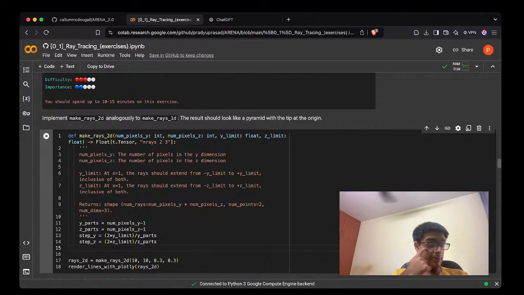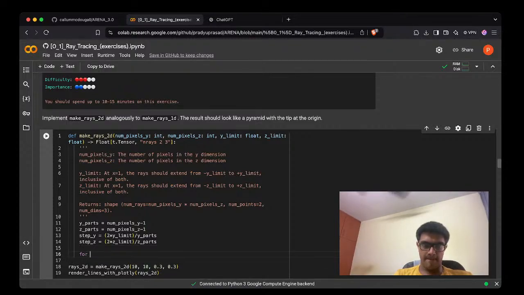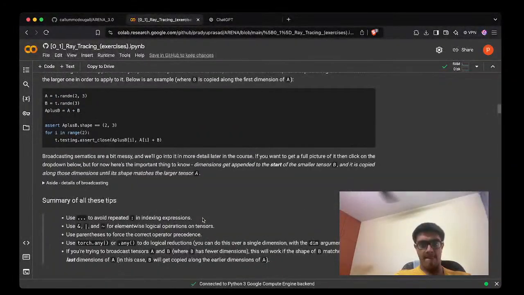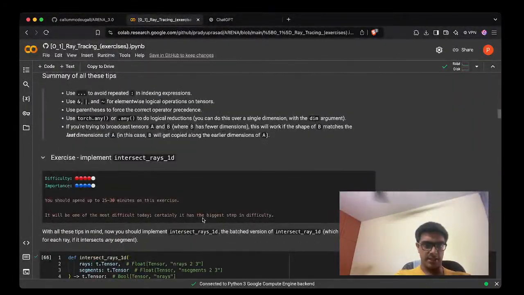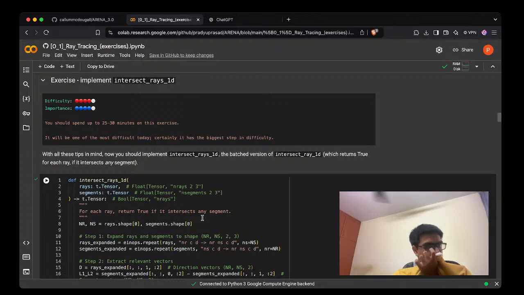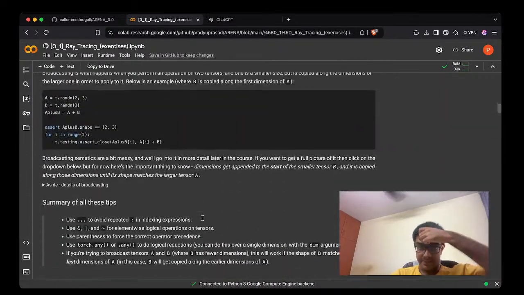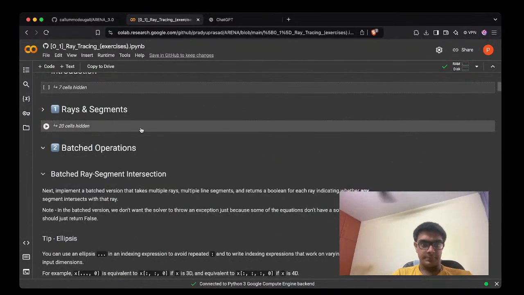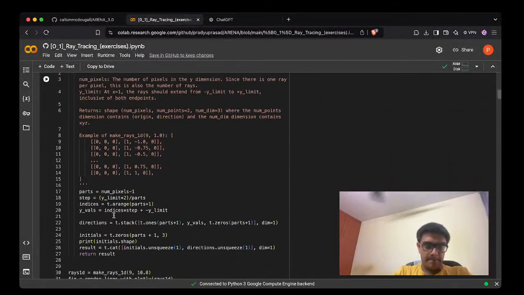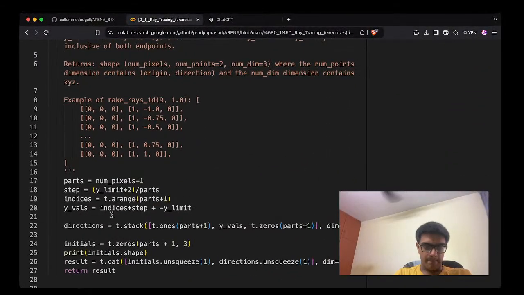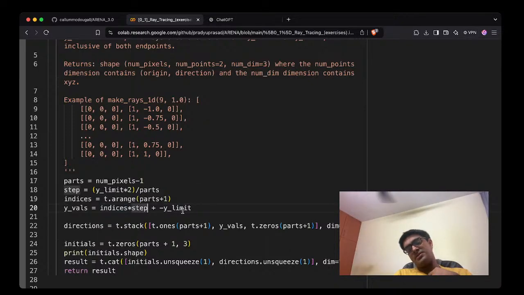Right, and we start off in range num pixels y, for i in range num pixels y. And what do we do here? We say intersect these in segments. Indices times step.